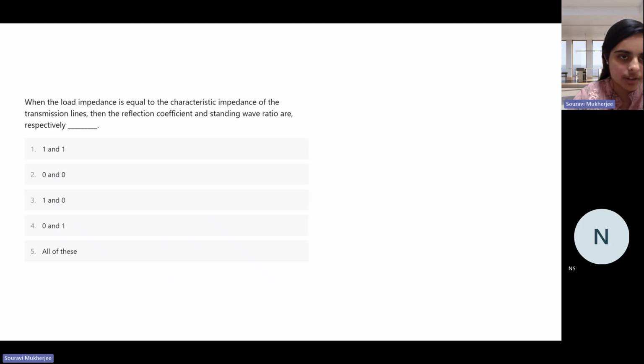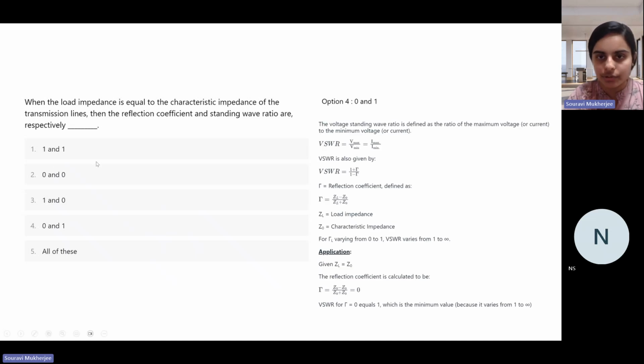So the reflection coefficient should be 0, because there will be no reflection as the impedances have already got matched, right? And if the reflection coefficient is 0, that corresponds to a standing wave ratio of 1. This is how you define your voltage standing wave ratio, V max by V min, and that is related to the reflection coefficient by this relation.